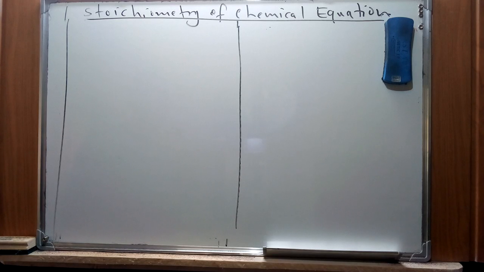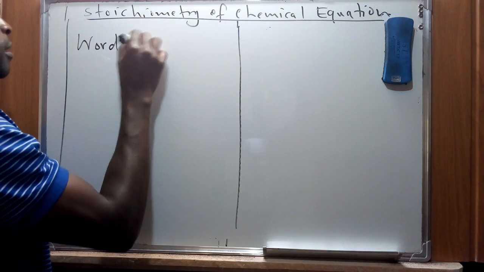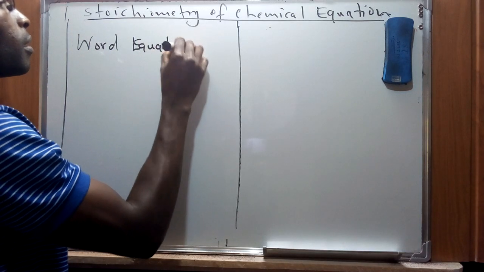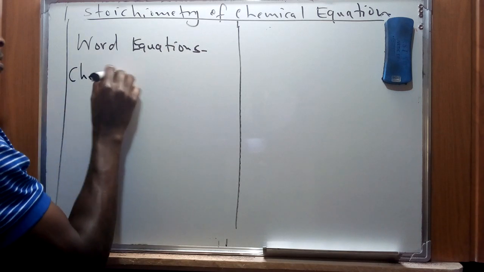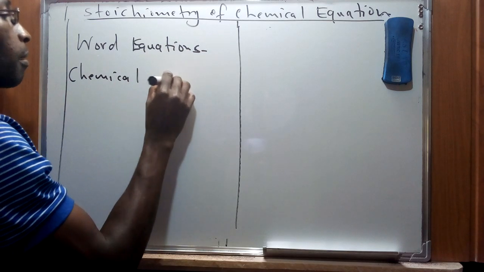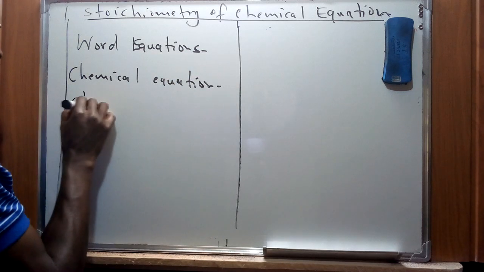Now we have 2 sets of equations apart from this. Now basically 3, but we're going to start with a relationship between the 2. We have what we call word equations, and then we have chemical equations, which of course comply with those rules.